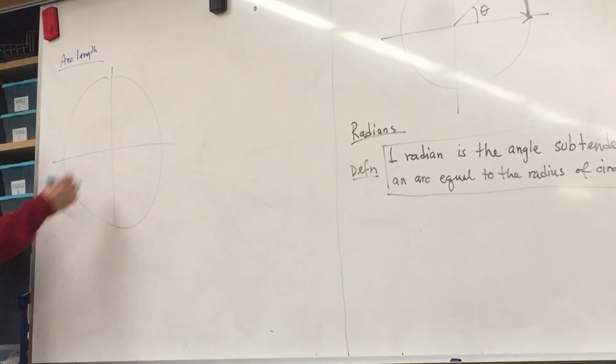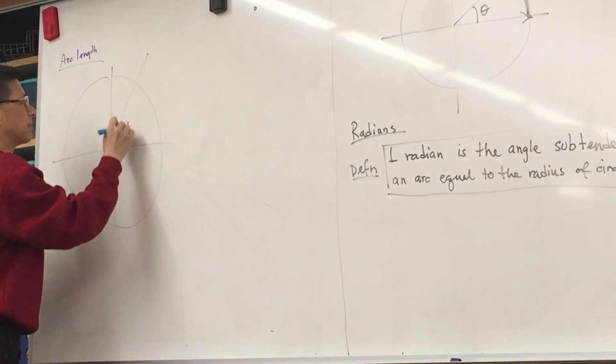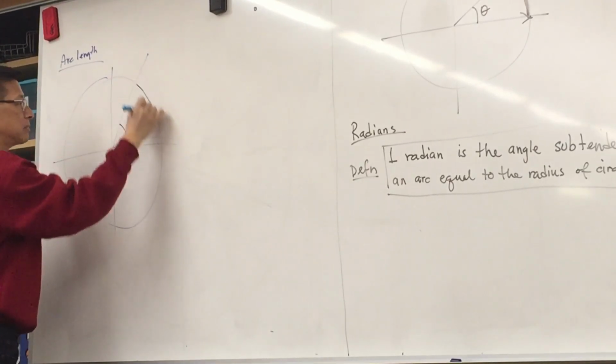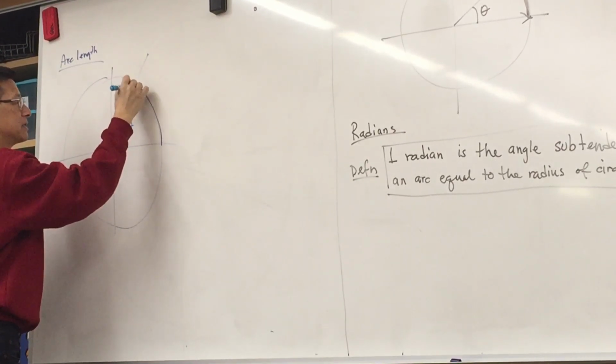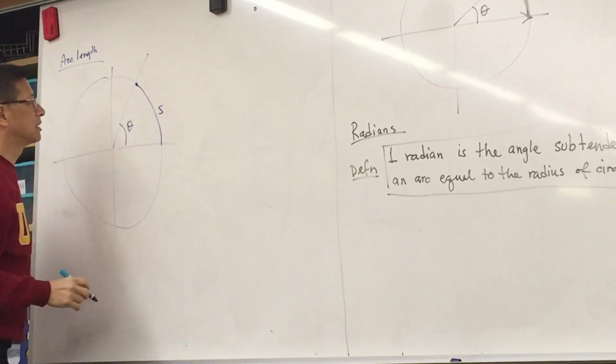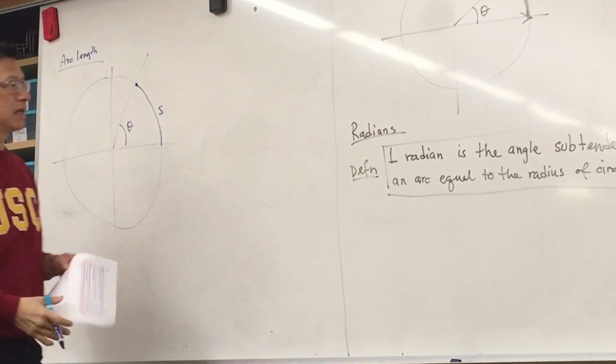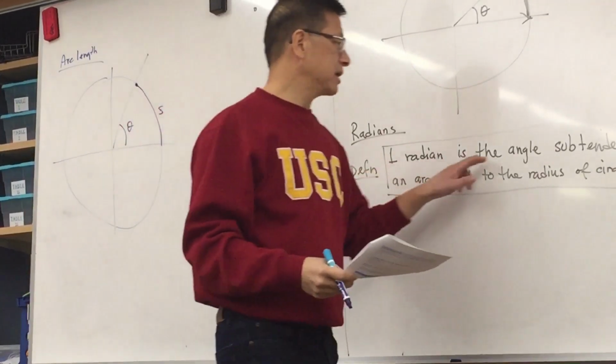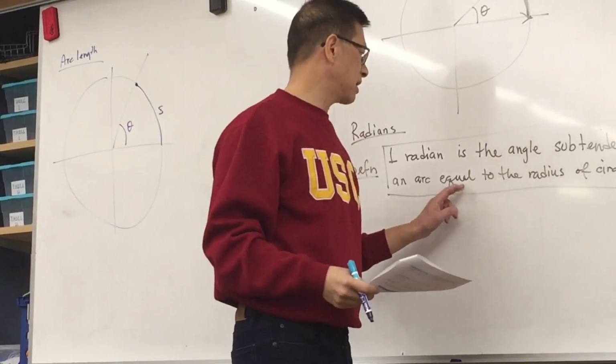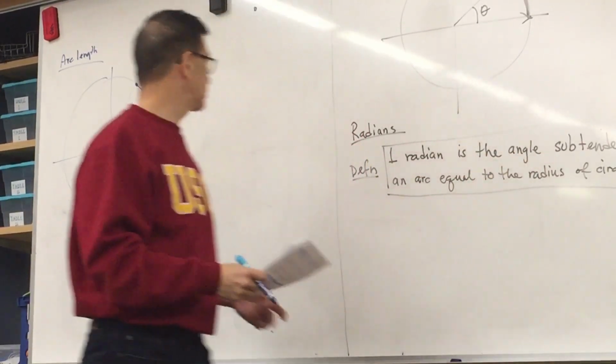Finding arc length. Okay, so if you have some angle theta, then the question is what is S? 1 radian is the angle subtended by an arc equal to the radius of the circle.